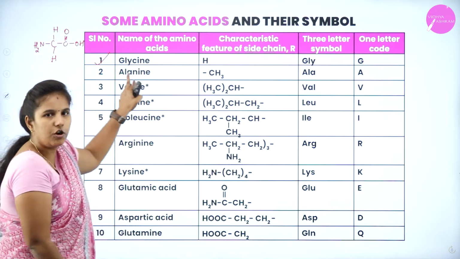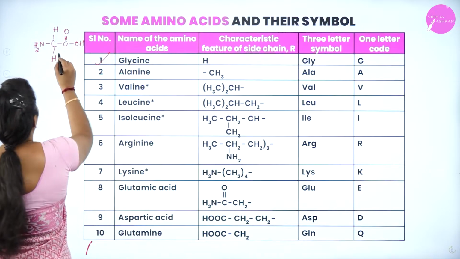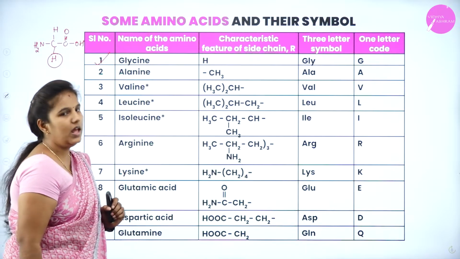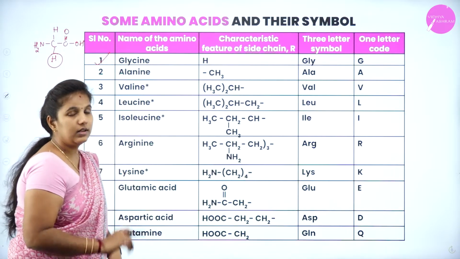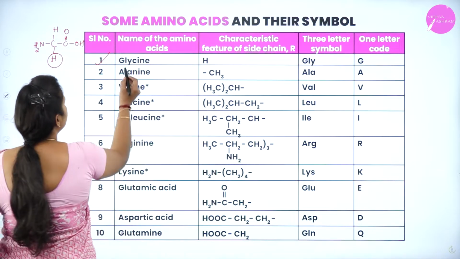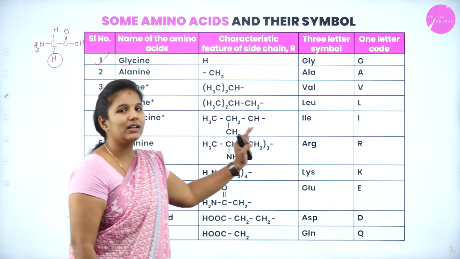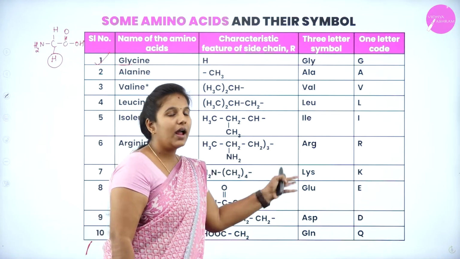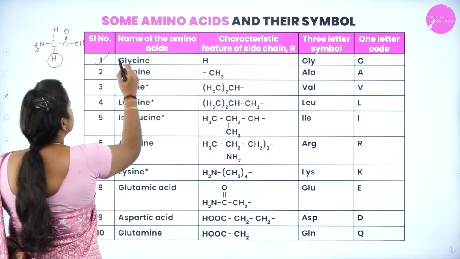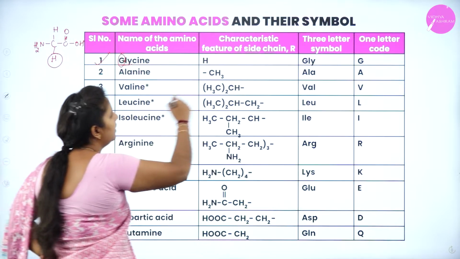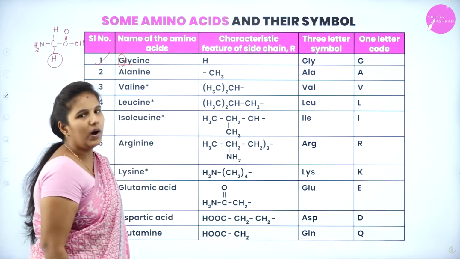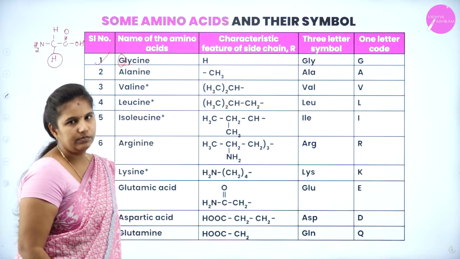So this is the structure of glycine, where my R is substituted with H, and the 3-letter name is GLY. The first letters of the amino acid, that is GLY, will be taken as the 3-letter name, and in that you take the first letter as a capital letter and it will be named as the 1-letter code G.